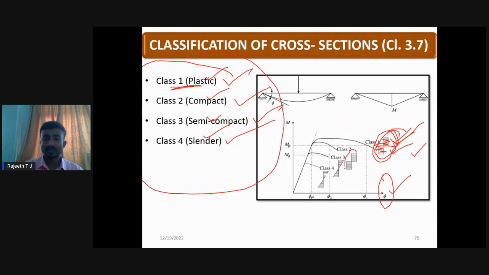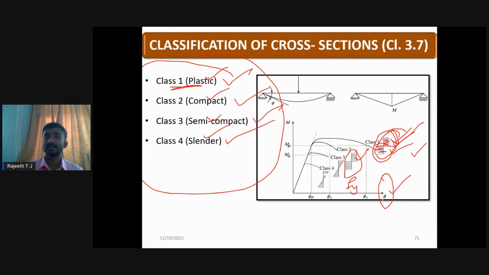So when we come to class 2 or compact, here all the fibers have reached the yield stress Fy of the material, but the rotation capacity is much lesser than the plastic section. With respect to plastic hinge formation, we won't get any plastic hinge formation in the case of class 2 or compact section.